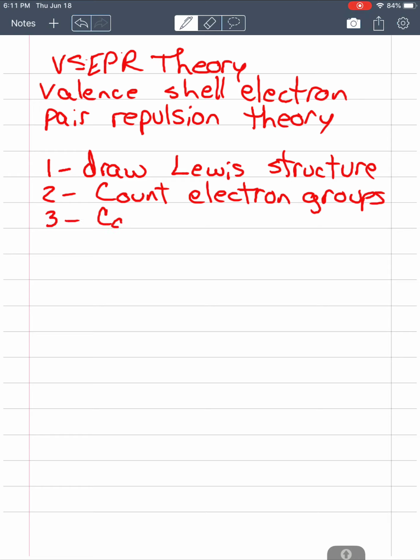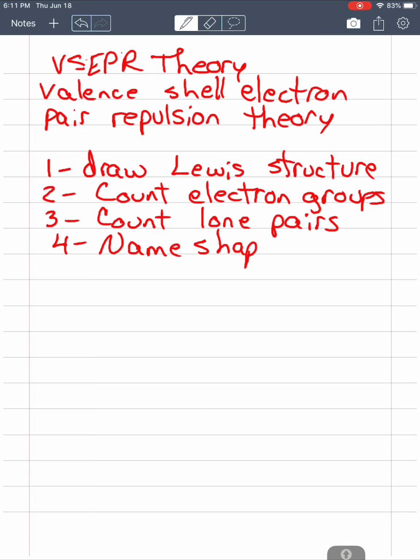The third is to count lone pairs. And the fourth is to name the shape and the angle. All right, and that's all there is to that.